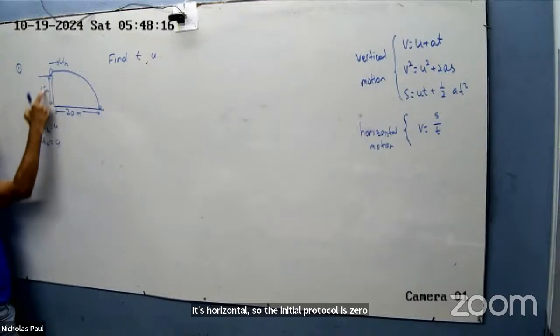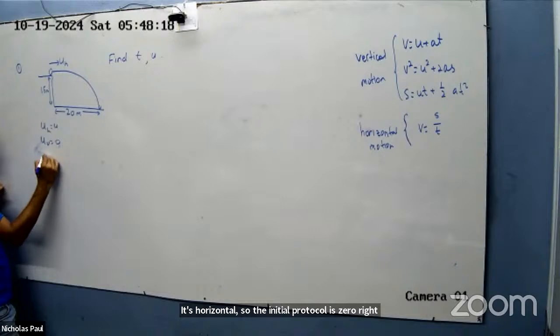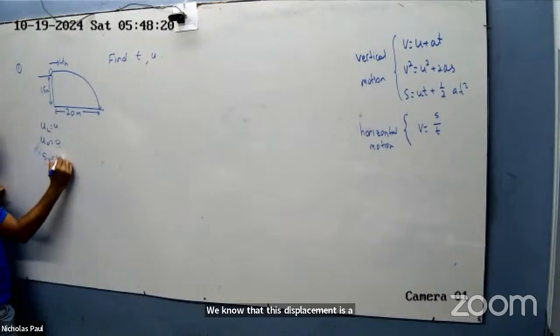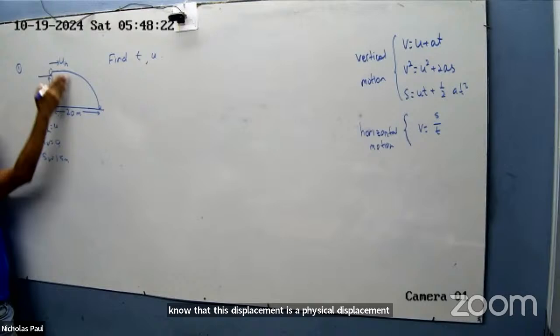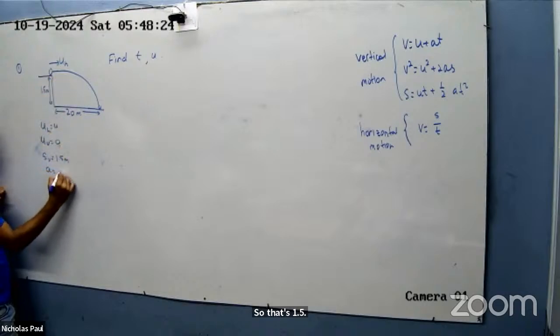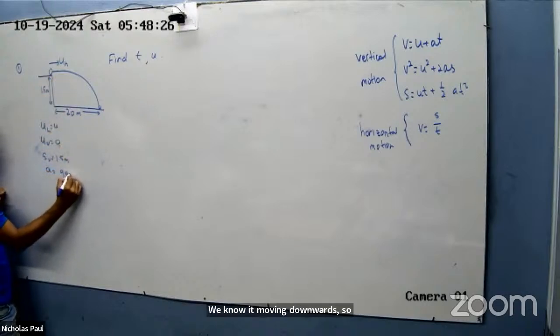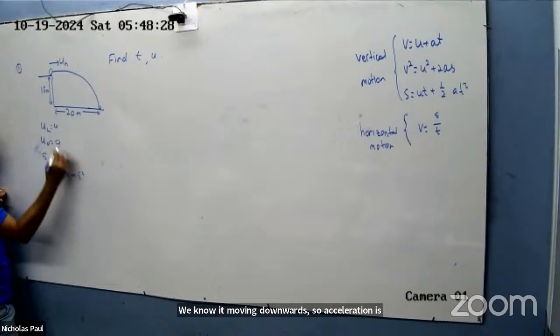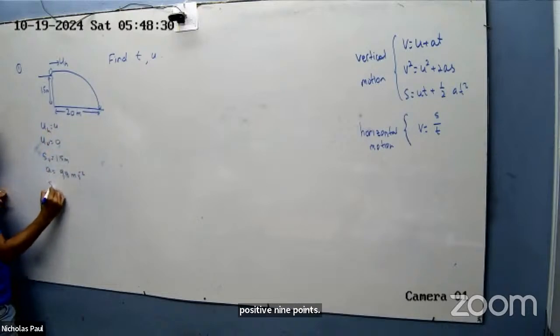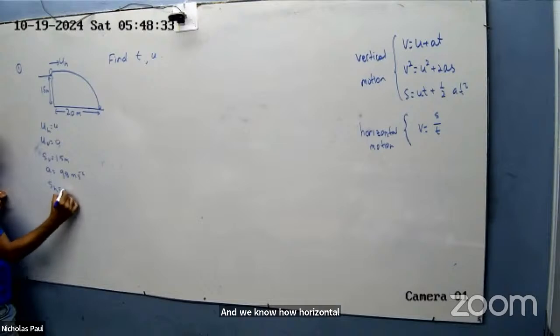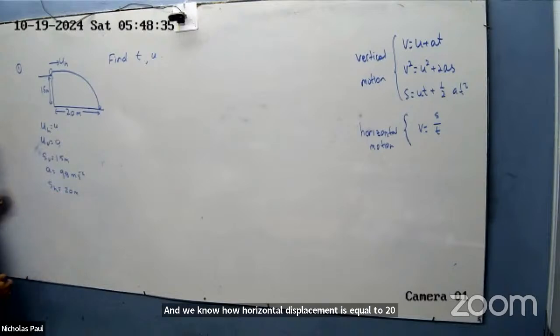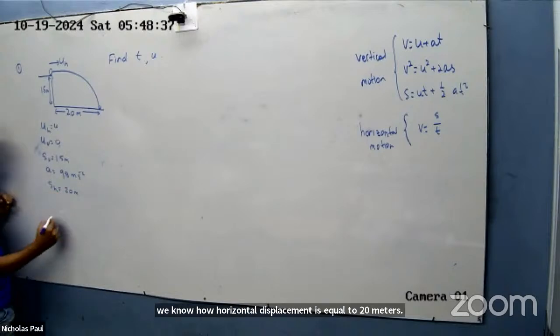We know this displacement is the vertical displacement, so that's 1.5. We know it's moving downward, so acceleration is positive 9.8. And we know horizontal displacement is equal to 20 meters. And they want us to find t, so I'm going to try and find t first.